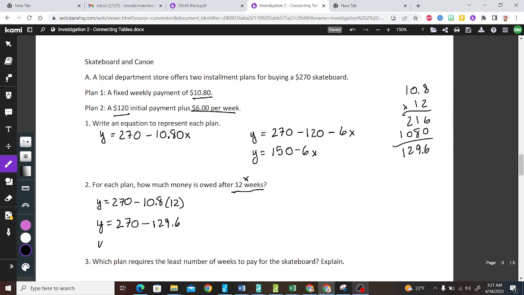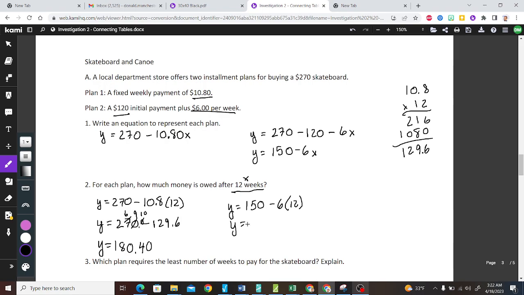So we subtract. 0 minus 0, gonna borrow, it's gonna be a 9, that's gonna be a 6. So 10 minus 6 is 4, so we have 40 cents. 9 minus 9 is 0, 6 minus 2 is 8. We're still gonna owe $180.40. On the other plan, it's 150 minus 6 times 12.